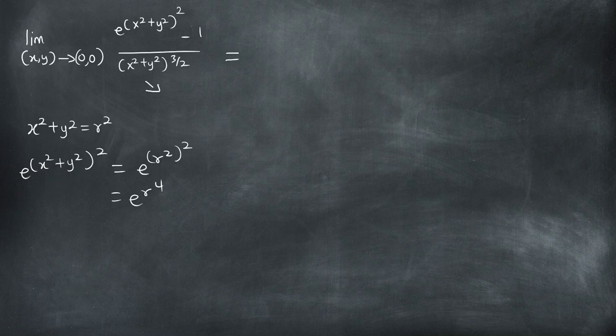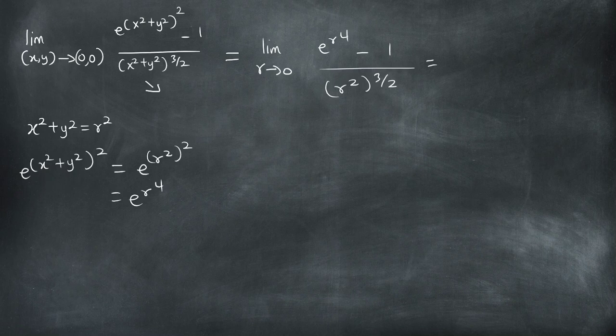So I'm going to rewrite this as the limit, in this case not as x and y anymore, because the only variable we have here will be r. So I'm going to have the limit as r approaches 0. For the numerator, I'm going to have e to the power r to the power 4 minus 1, divided by r squared to the power 3 on 2.